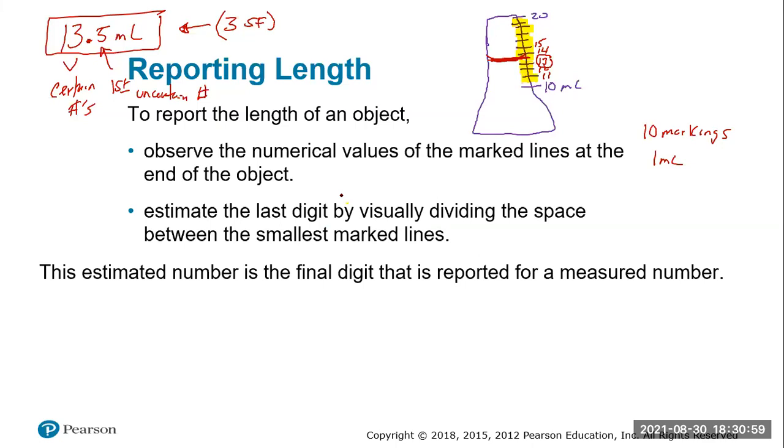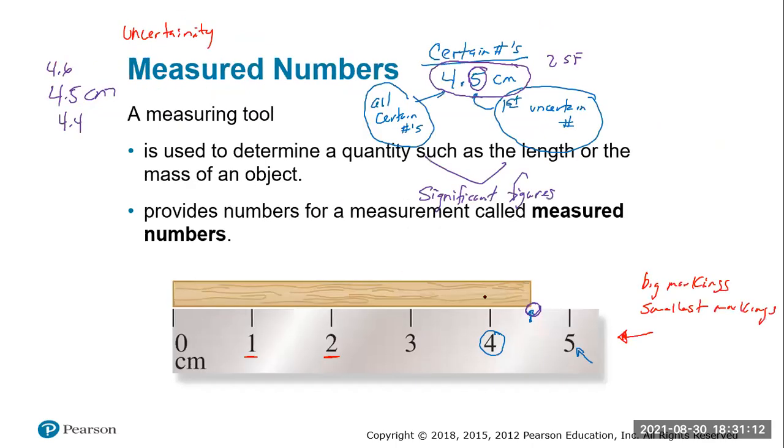Now, when we look at something like this, we can look back, for example, here. If you look at this marking here, the biggest and the smallest marking was basically 1 centimeter, which meant we were able to take it one more place to the right of the smallest marking.